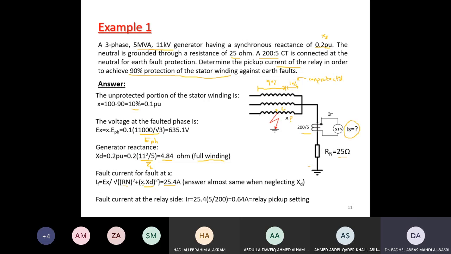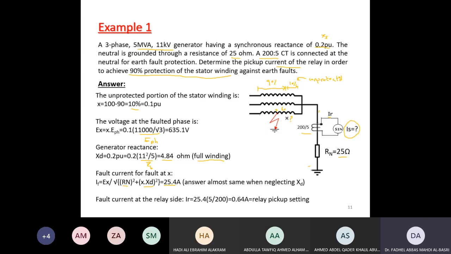Even now, if we neglect this portion, we'll get almost the same. So sometimes we may also neglect this, especially if the fault is very close to the star point. And the fault current at the relay side, what will this current be now?